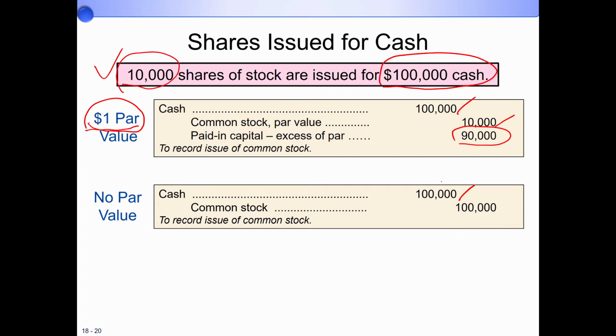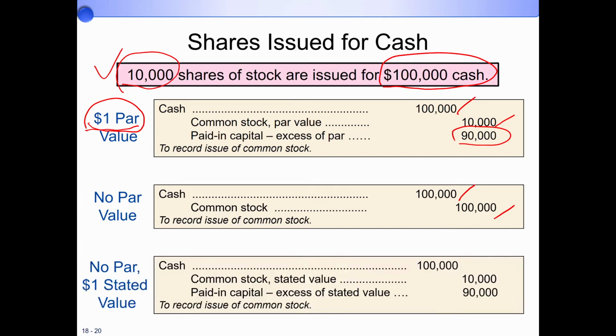You debit cash $100,000, and then all of the paid-in capital is gonna go to the common stock, because there's no way for us to separate the par value, since there is no par value. All the paid-in capital goes to the common stock. Question on that?